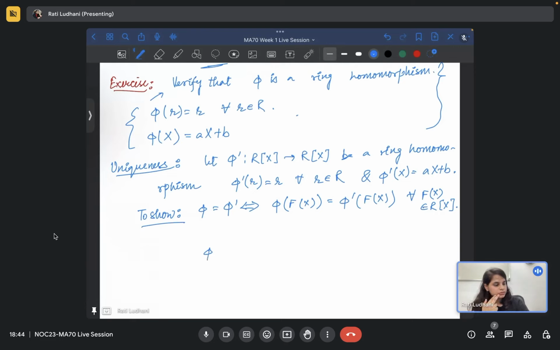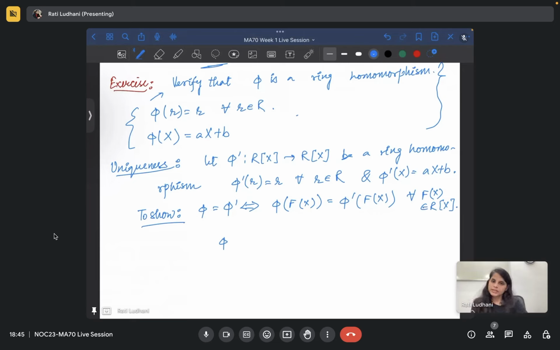Let's just do it. So phi of f(x). Tell me how should we do that? We should start with f(x), right? Phi prime will be completely determined once we know where we send the coefficients and x, because of the properties of ring homomorphism. Exactly.